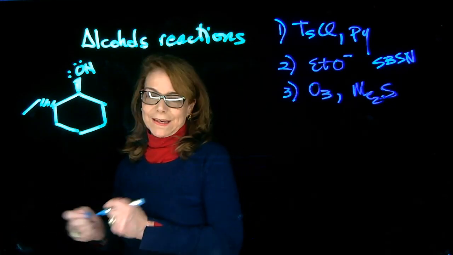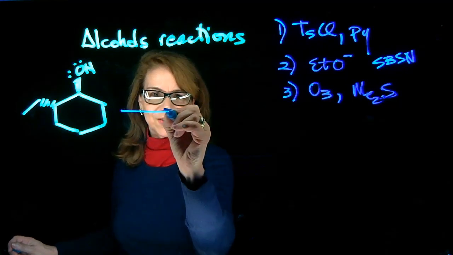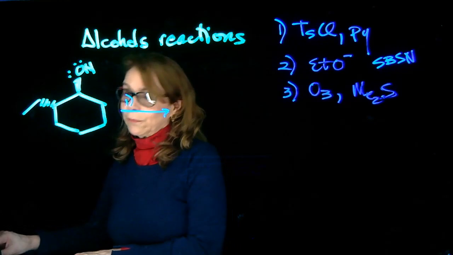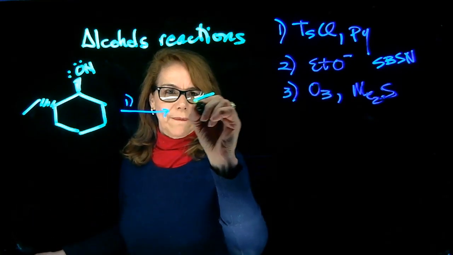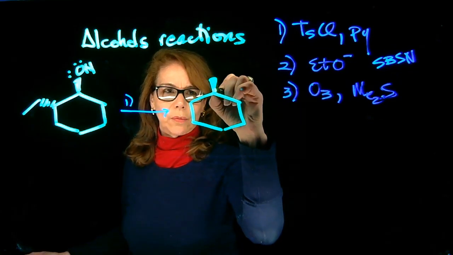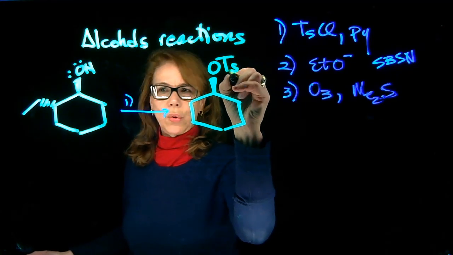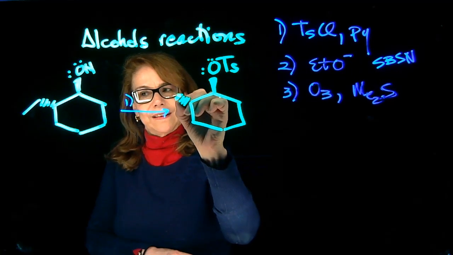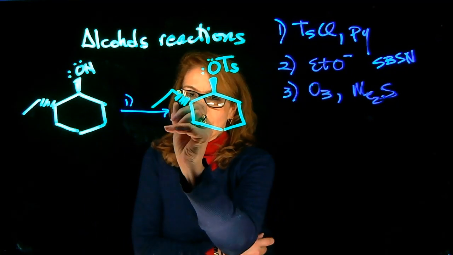So let's draw that. The first reaction here transforms the OH into a good leaving group, OTs. What I want you to see here, and that is important, is the stereochemistry.